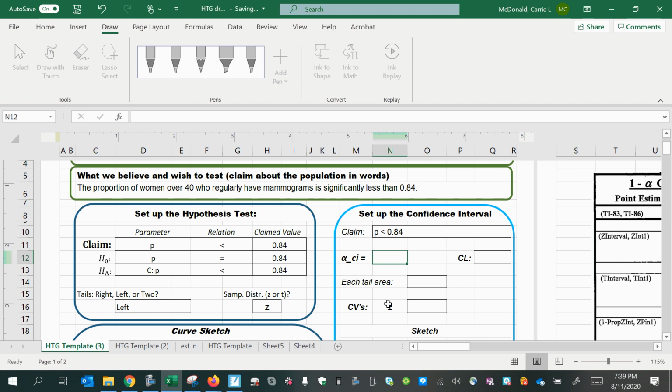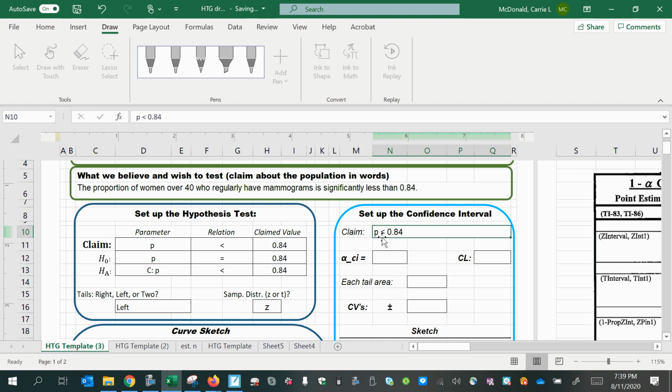Another way of looking at it is if it's not fully below 0.84, then it may contain the null hypothesis, and then the null hypothesis might be true. So if it's fully below 0.84 and it does not contain the 0.84, then I could kind of say I'm rejecting the null hypothesis in that sense.